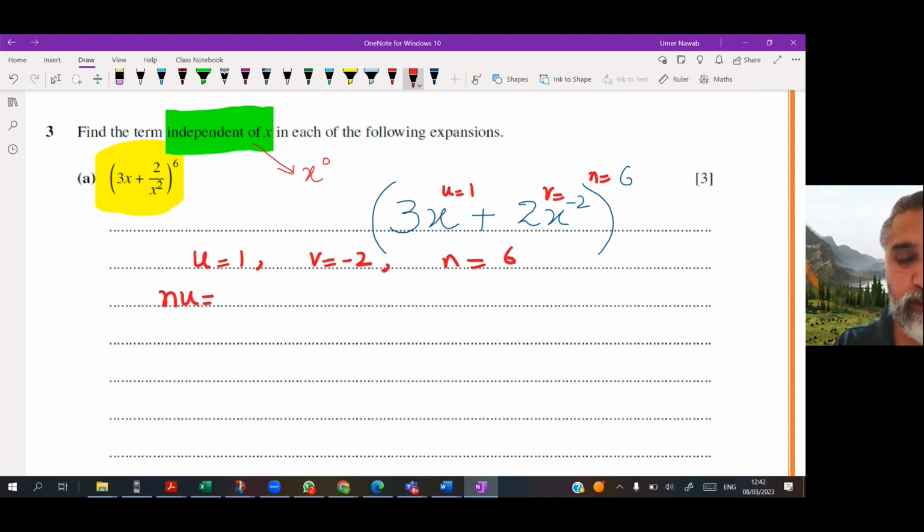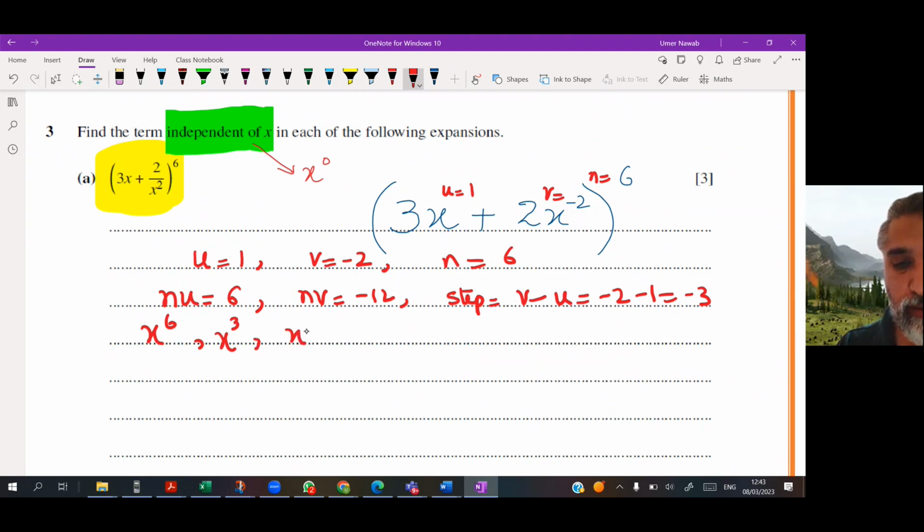Can you find nu, which is the first power of x? That first term which contains the power of x is 6 nv, minus 12, and the step is v minus u, which is minus 2 minus 1, minus 3. So how do the powers come to you? Starting from 6, decreased by 3. Wow, so that has to be the third term.